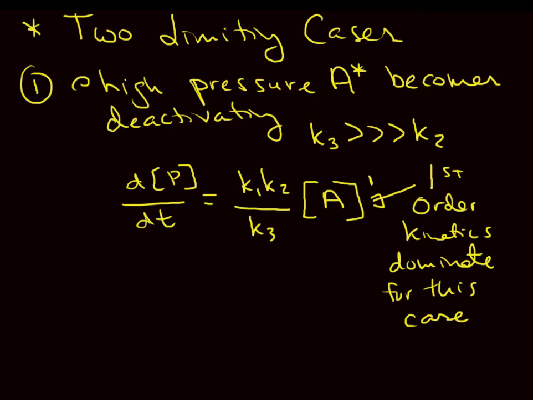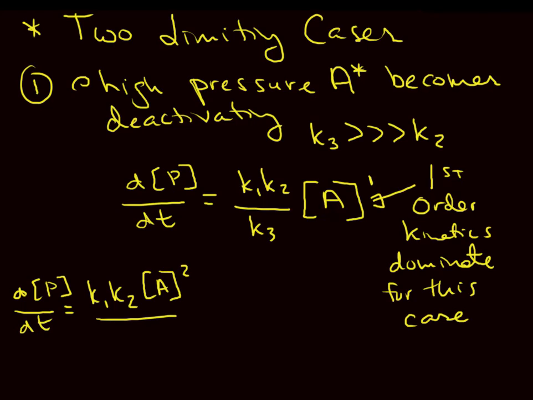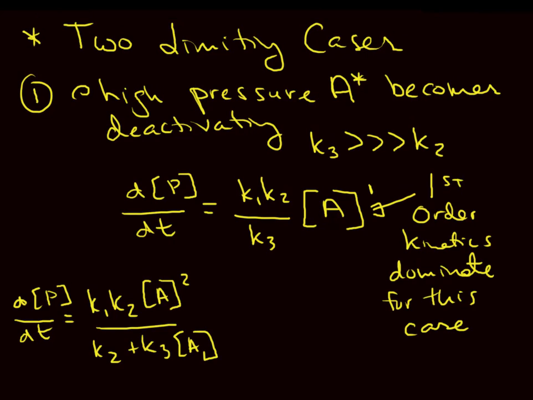Now, if this was kind of confusing, I think what we need to do is go ahead and very quickly over here in the corner, rewrite dP over dt equals k sub 1, k sub 2, A squared over k2 plus k3 A. Now, if in this particular case we end up having k2 go to 0, we can't say that k2 is equal to 0 because then we have a non-trivial solution.